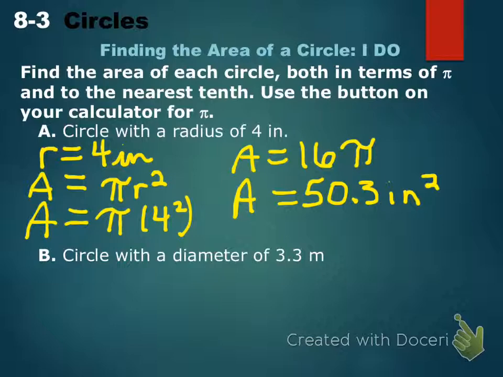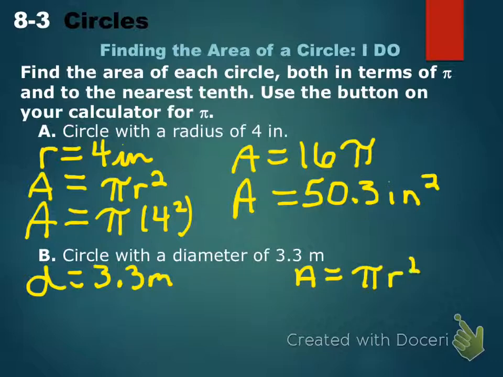Now for our second problem here, we're given a diameter of 3.3 meters. Well, if you remember, our formula for area is pi r squared, not d, not the diameter. So we've got to find out what the radius is from the diameter. So the first thing you need to do is remember that diameter is 2 times the radius.